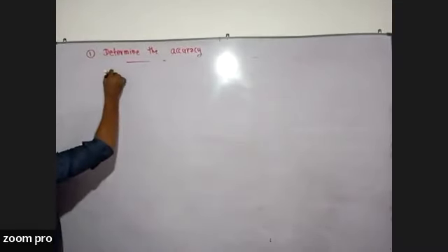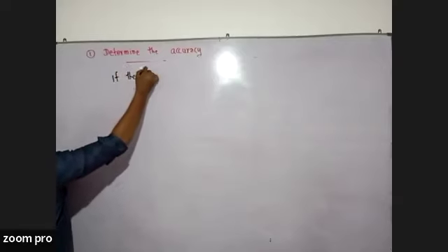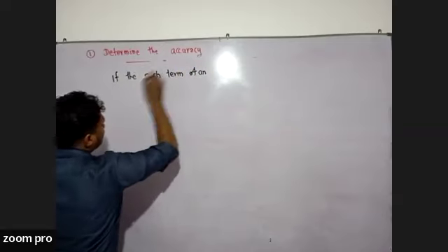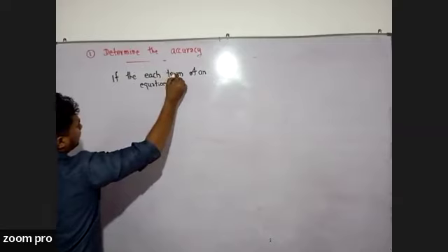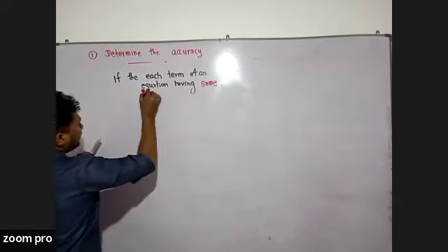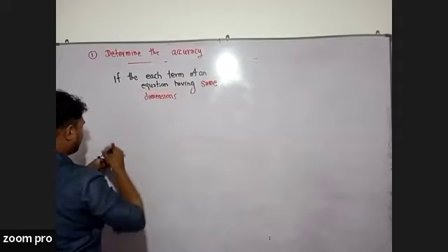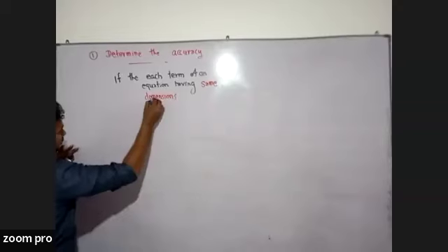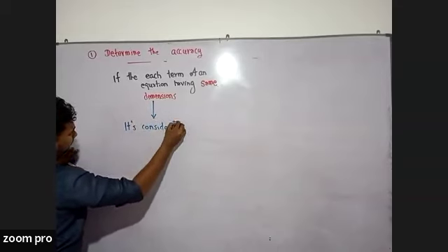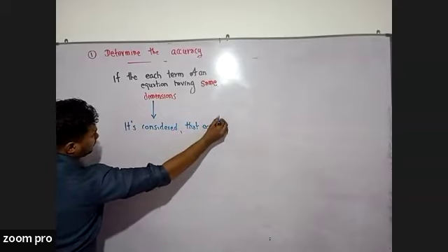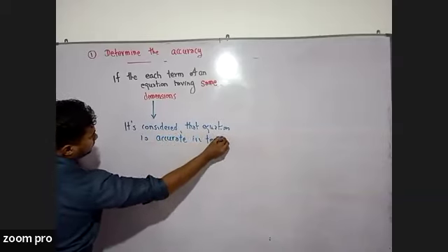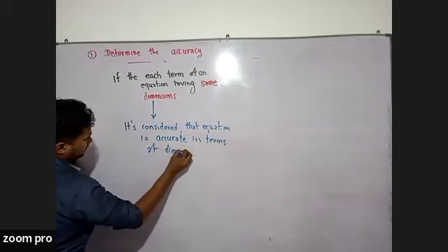That is, if each term of an equation has the same dimensions, then the equation is considered accurate in terms of dimensions.